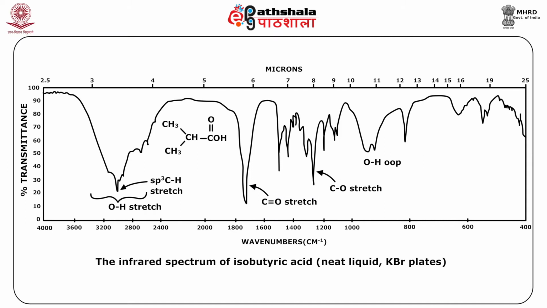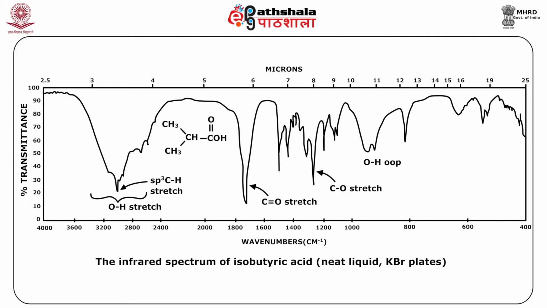This band shifts to lower frequency if in conjugation with a C=C bond or a phenyl ring. The OH stretching band appears as a very strong broad peak in the region of 3400 to 2500 cm⁻¹.